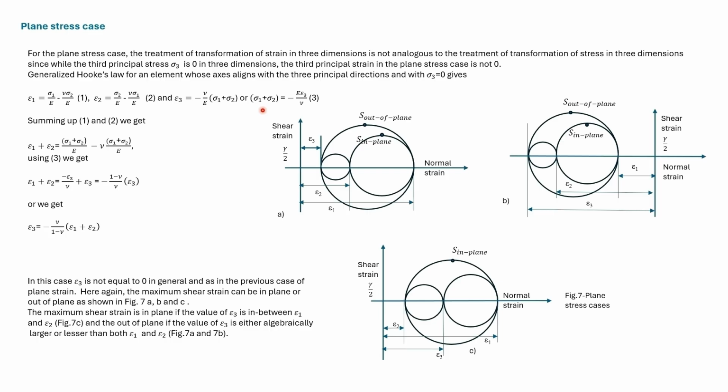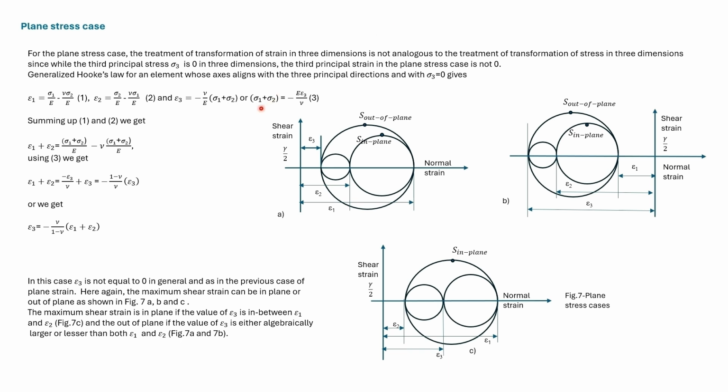So sigma 1 plus sigma 2 can be given in terms of epsilon 3. We add equation 1 and equation 2. Then epsilon 1 plus epsilon 2 is given in terms of sigma 1 plus sigma 2.